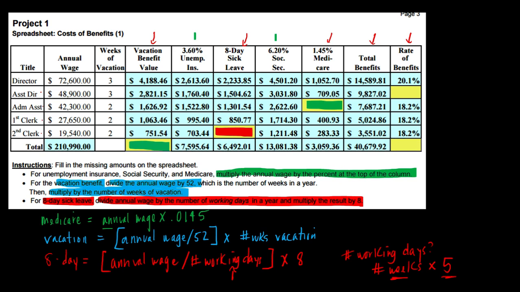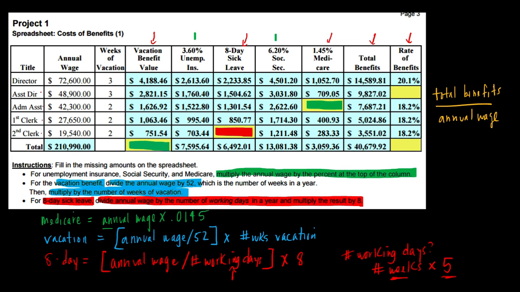And that just leaves rate of benefits. To determine rate of benefits, all we need to do is take the total benefits and divide by annual wage.